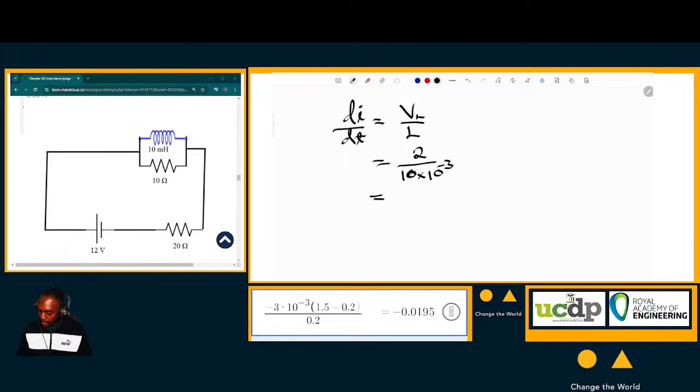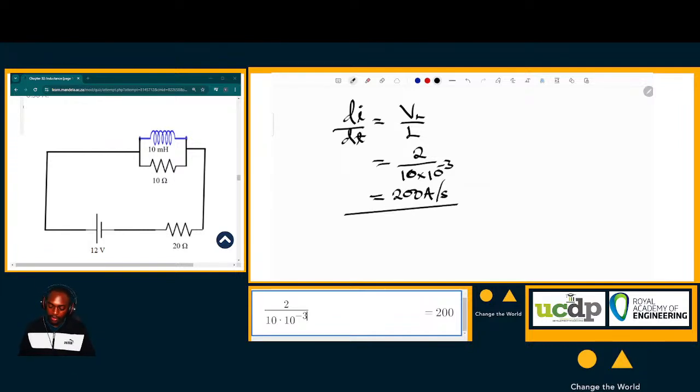If you compute that, 2 divided by 10 times 10 to the power of negative 3, you get 200 amps per second.